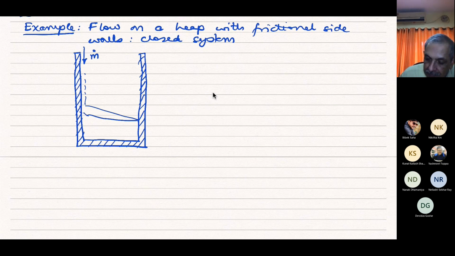So there will be a flowing layer here. So this is the layer that is flowing, and let's say this angle here is beta, the angle of the interface, and this thickness is delta, and this mean velocity in the layer is u.